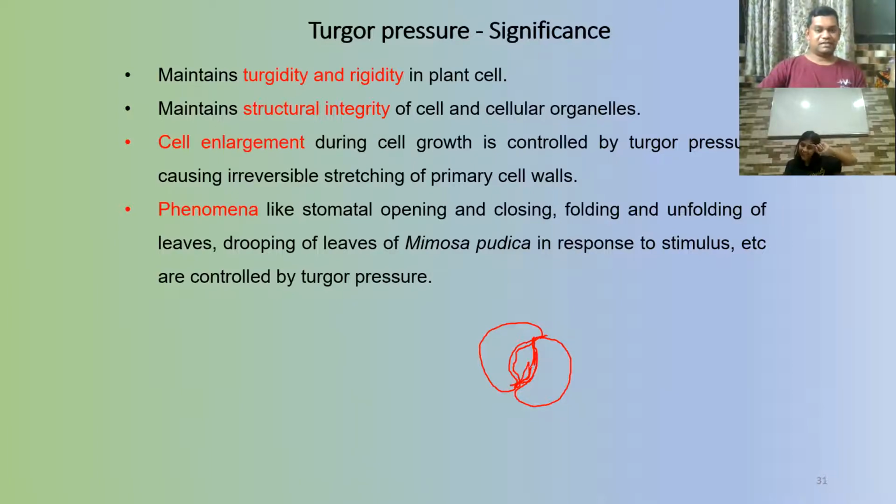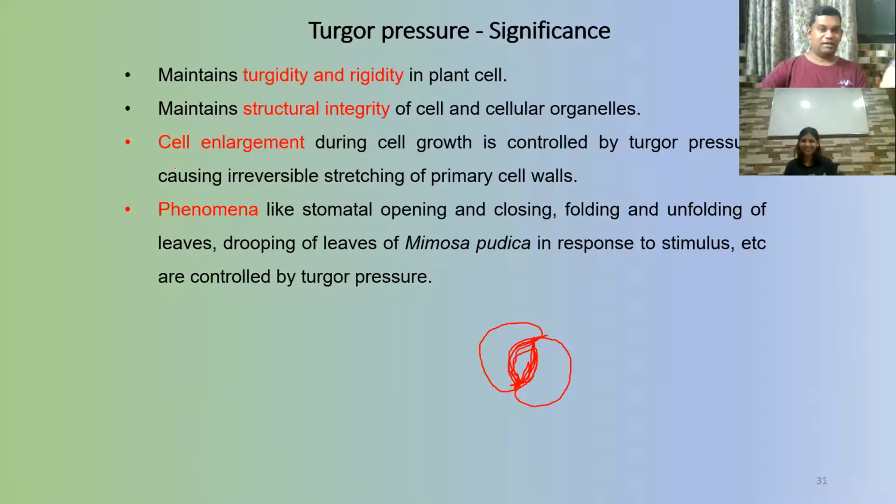Answer quickly, come on. There are various places where you find them. Tell the name of any one location where you find stomata. Very important. They are small pores which can open and close and are present mainly on the leaves. Stomata is present on the leaves.